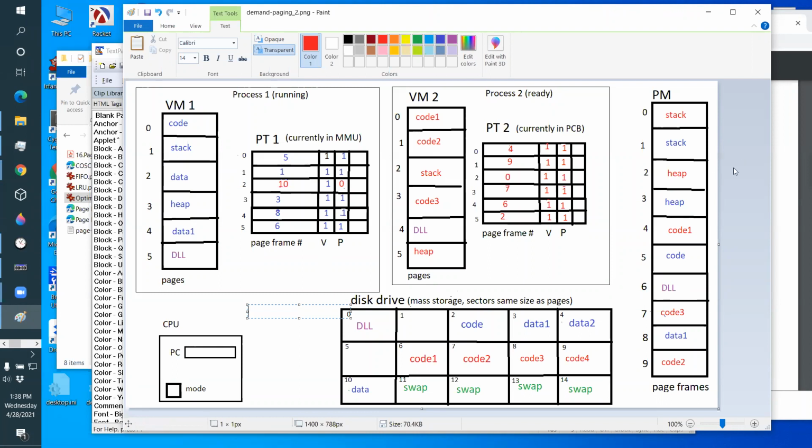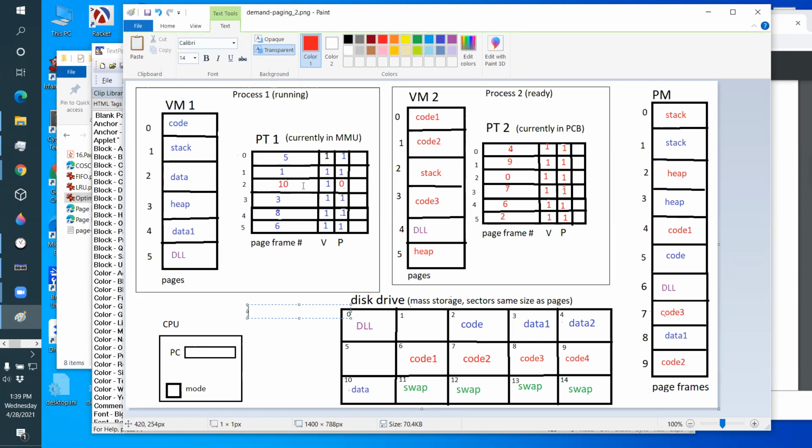But you could imagine that you'd say a red process, when it wants to bring in a page, can't kick out a blue process's page. In fact, in the real world, it's probably more complicated than that. They probably use global policies, but using priorities. I'll bet that a red process can't kick out a page from a blue process that has a higher priority.